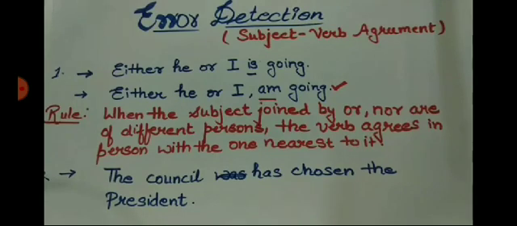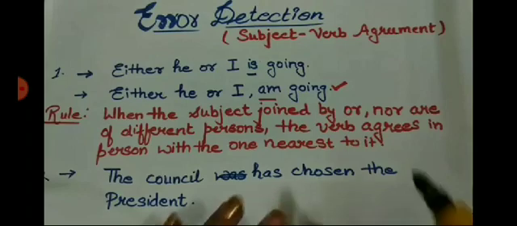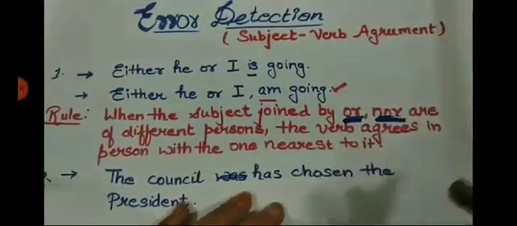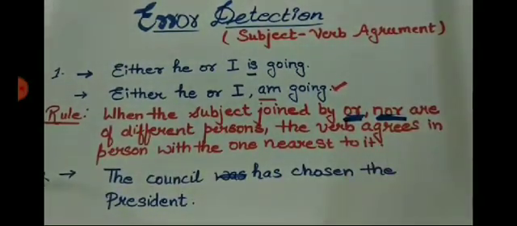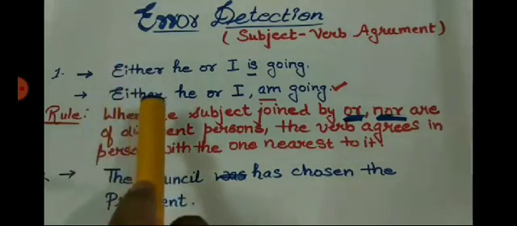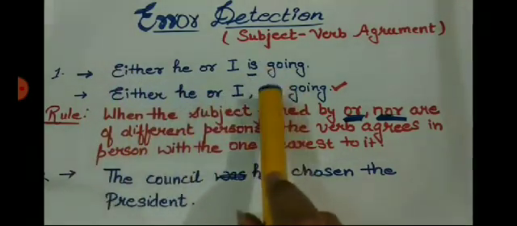Why? Because the rule says, when the subjects joined by or, nor are of different persons, the verb agrees in person with the one nearest to it. So here see, either he or I am going.